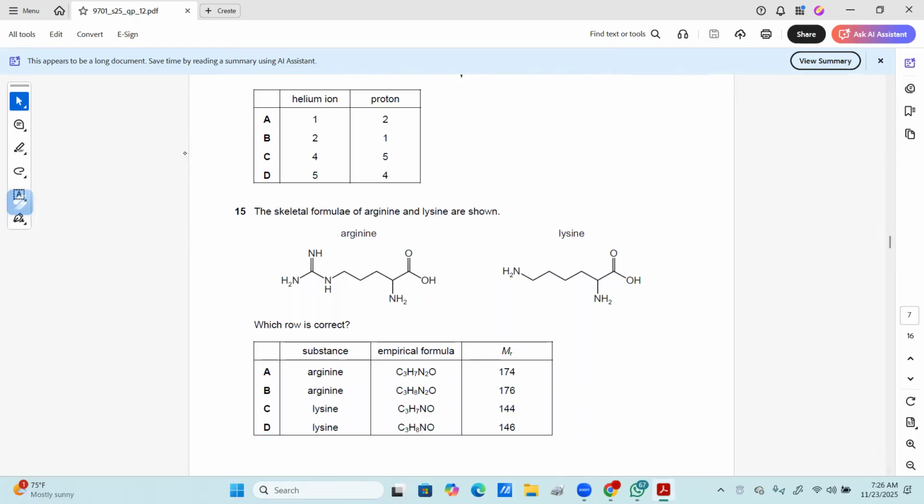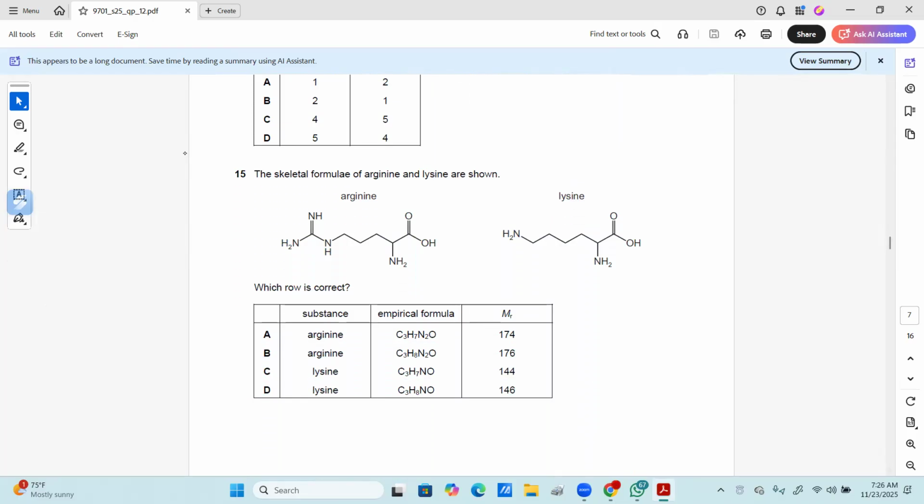The skeletal formula of arginine and lysine are shown. Which row is correct? For the empirical formula, they have only given 1, 2, 3, 4, 5, 6. There are 6 carbon atoms. Then hydrogens: 2, 3, 4, 5, 6, 7, 8, 9, 10, 11, 12, 13, 14.